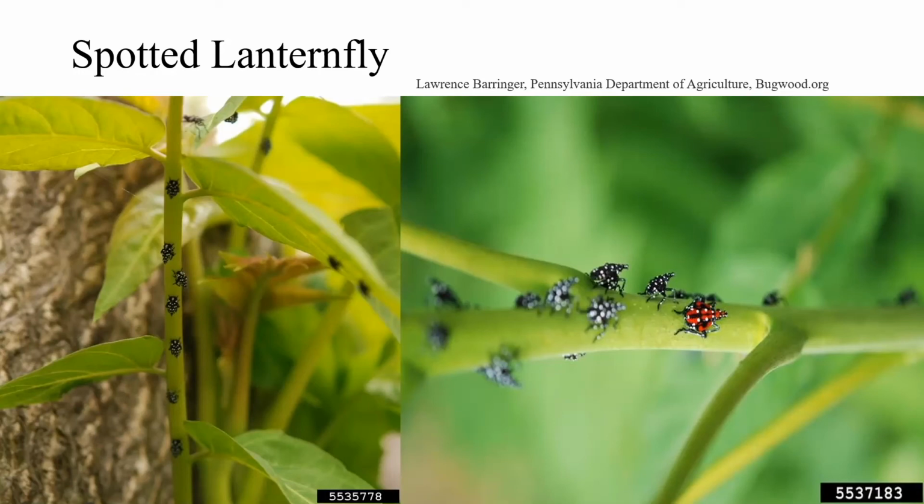Right now we're having a mix between the black and white polka dotted one and the red, black, and white polka dotted insect. It means we're about to have adults. It won't be long before we're having adult spotted lanternflies. And the quarantine that New Castle County is under means that our vigilance for watching for adult spotted lanternflies needs to go up.